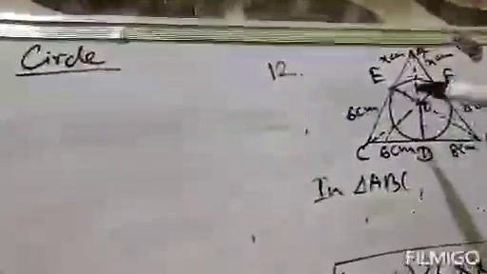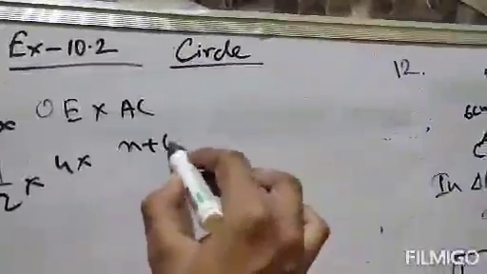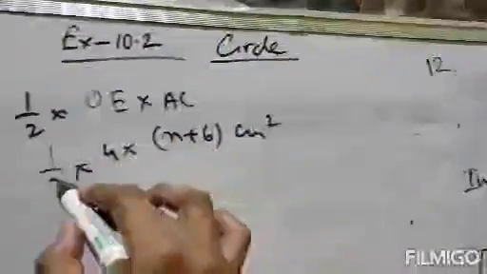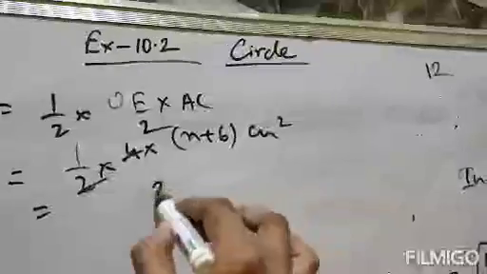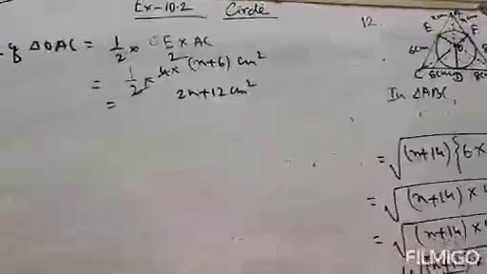Now as usual, OE is also the radius, so it is 4 centimeter. So 1 by 2 into 4, and AC is x plus 6. So 2 into x plus 6, that means 2x plus 12 centimeter square. So we have got the area of the three triangles.